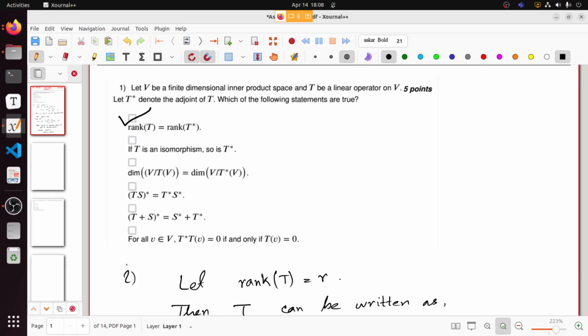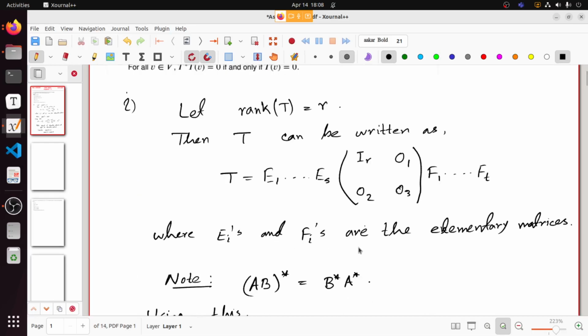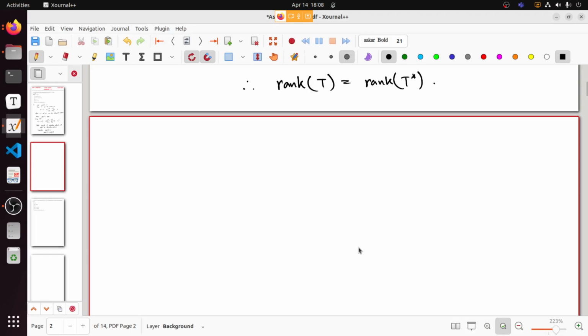If T is an isomorphism, so is T star. Let's do it.